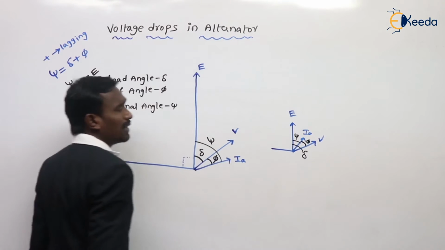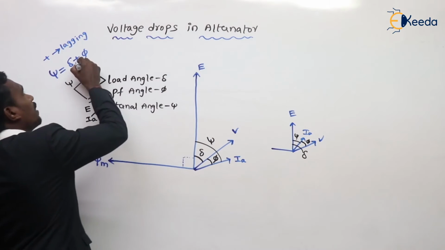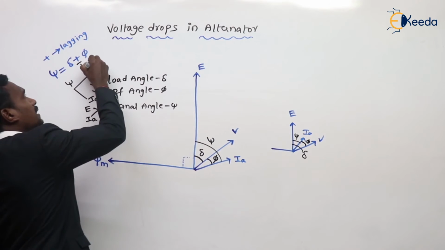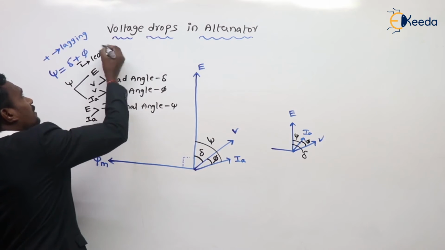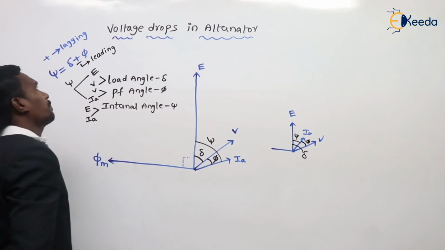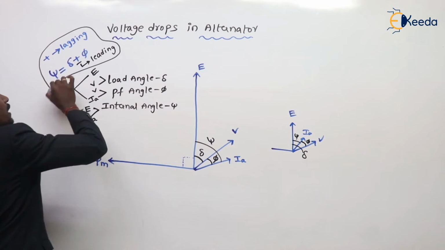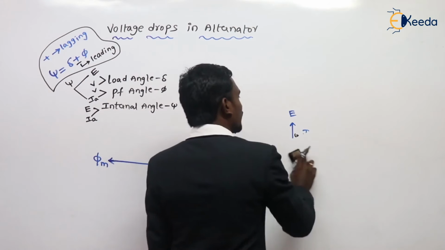Now psi is equal to delta minus phi, where minus represents a leading load. Minus represents the leading load, plus represents lagging load. This is a very important question. This is for leading load.